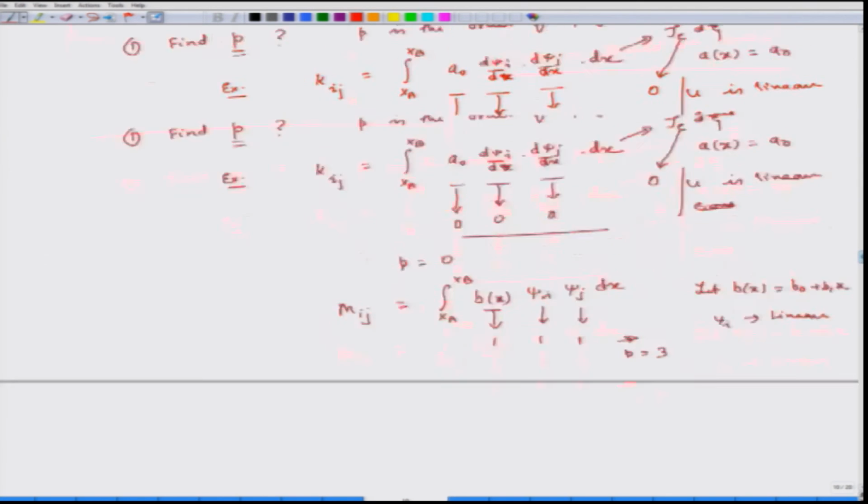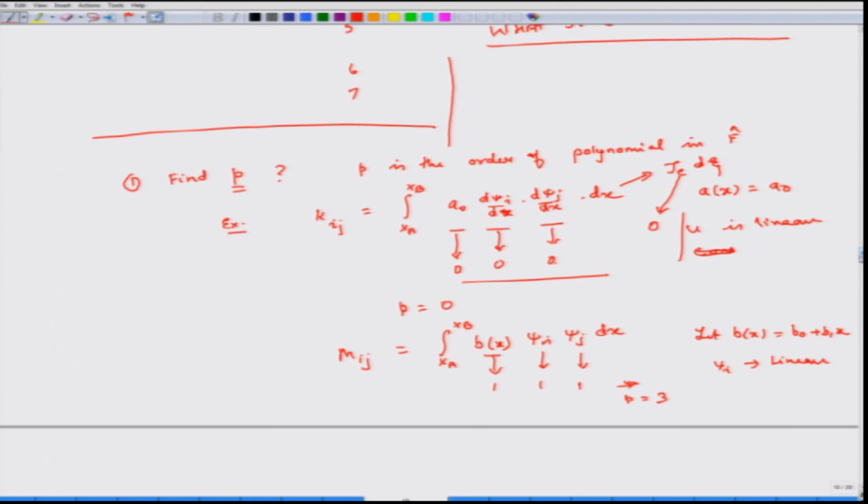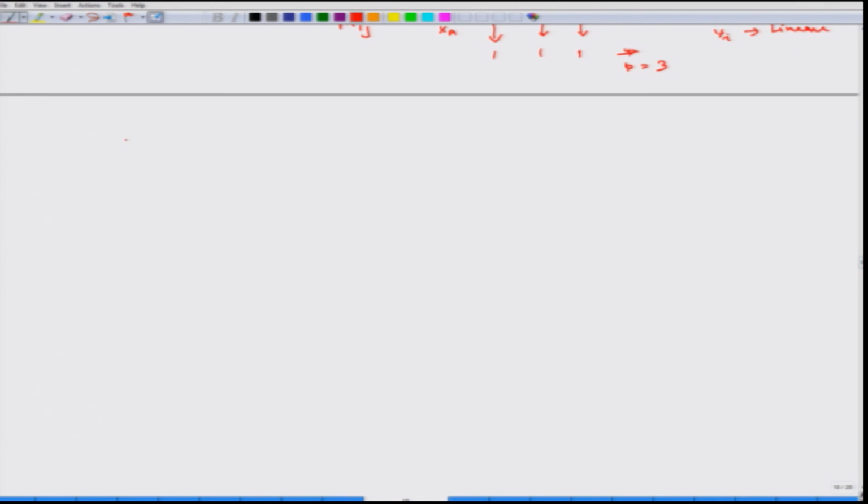So first step is you find out P, then second, find R using P. If P plus 1 is even, then R equals (P plus 1) by 2.